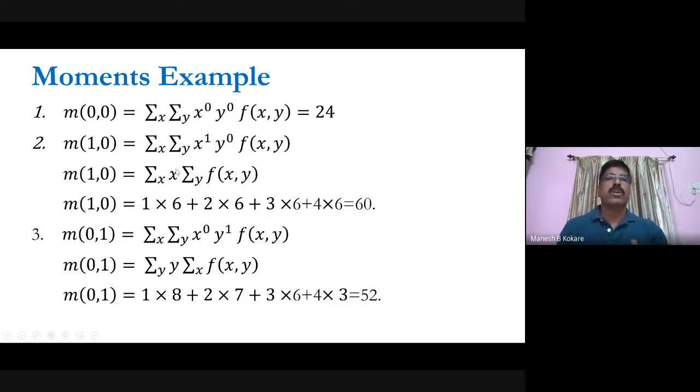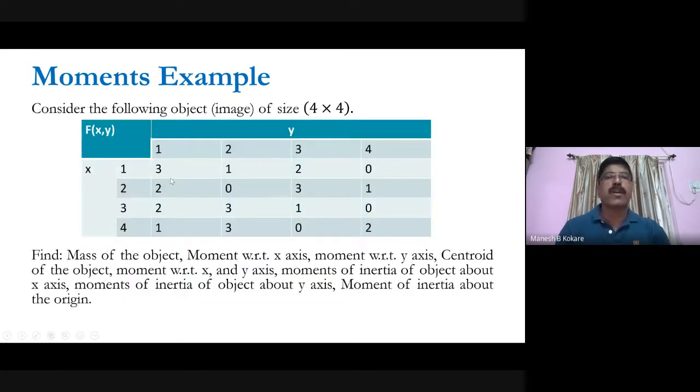Okay, so here see how we are going to calculate. Now see the summation of f of x comma y, and then what is the x here? Look at this one, x value is 1, right? So 1 multiplied by the summation of all those f of xy in this row: 3 plus 1 plus 2, that is equal to 6.